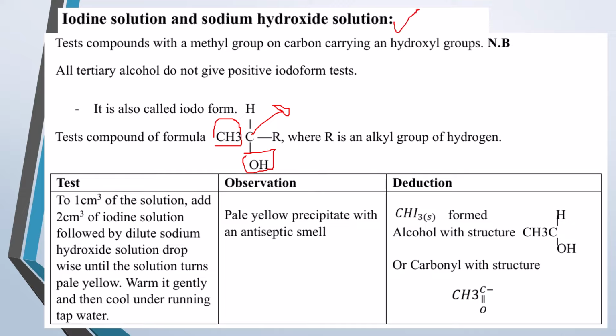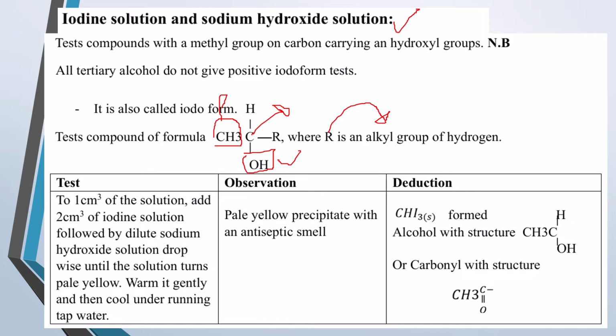The arrangement of reagent is iodine solution first, followed by sodium hydroxide solution. And it tests for compounds that have a methyl group attached to a carbon atom carrying a functional group, where R is an alkyl group, hydrogen or any other chain.